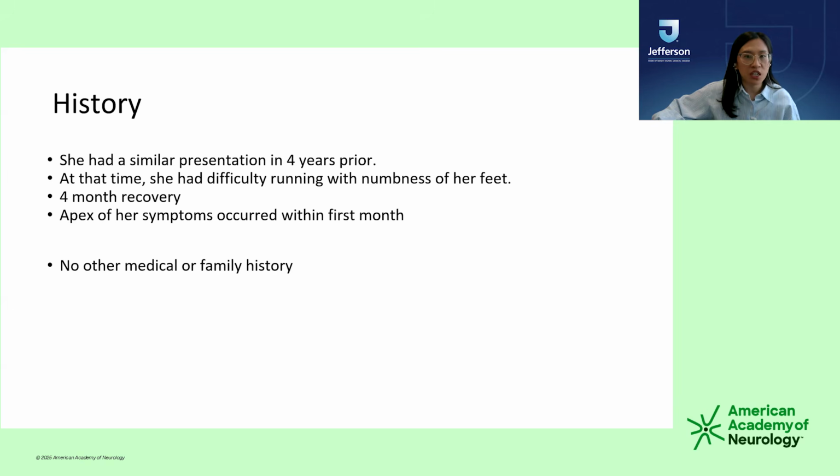At that time, she had difficulty with running and numbness in her feet. It took about 4 months to recover from that episode, but the apex of her symptoms occurred within the first month, unlike this time, which seemed to be more prolonged. She didn't have any other medical or family history.